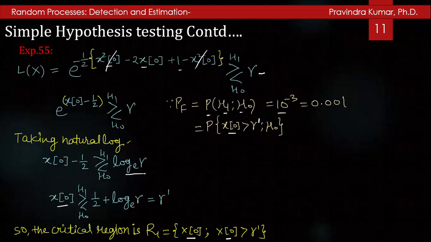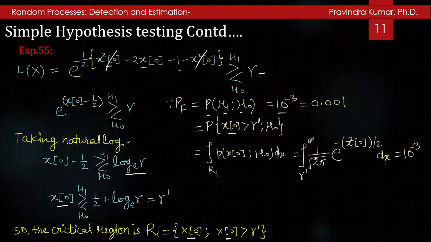This is equal to the integration over the critical region R1 of the PDF under hypothesis H0. The region R1 is greater than gamma dash, meaning gamma dash to infinity. So the integration from gamma dash to infinity of 1 upon root 2 pi e to the power minus x0 square by 2 is 10 to the power minus 3.